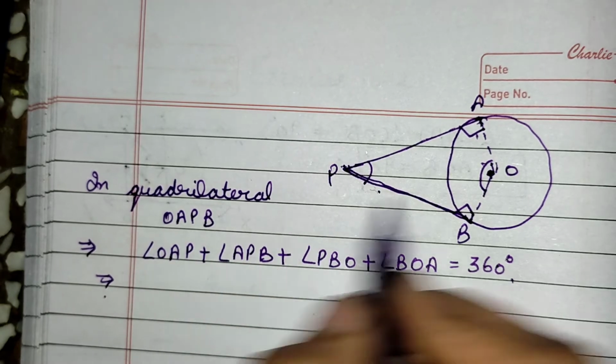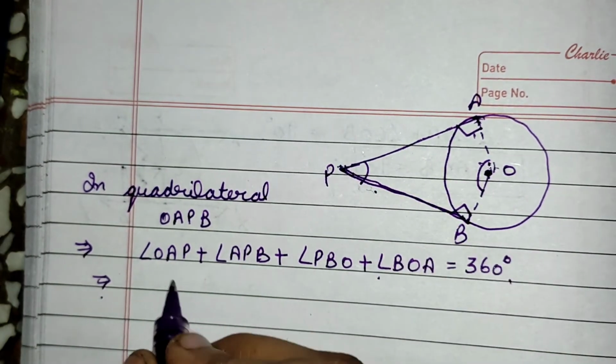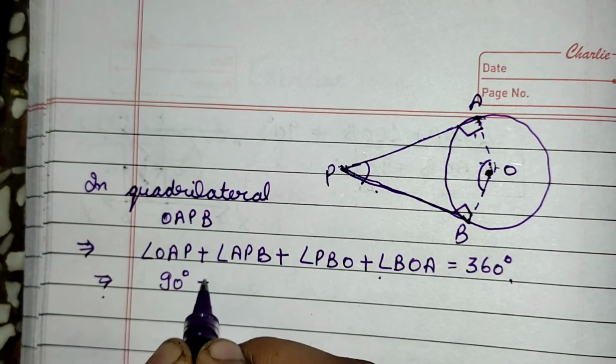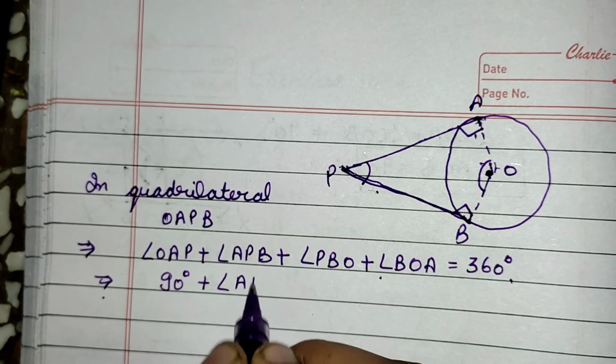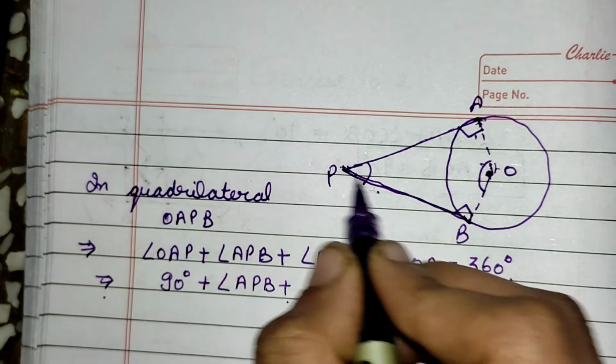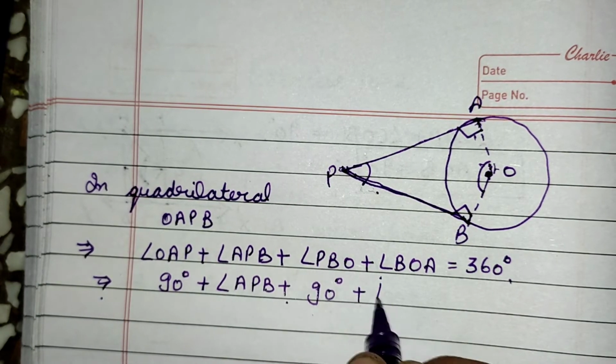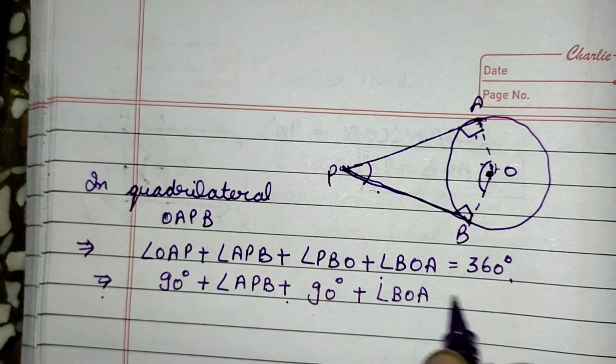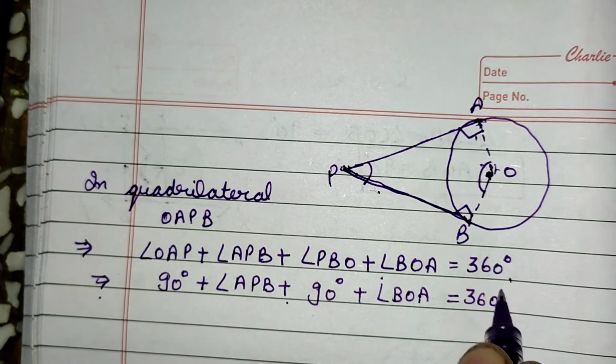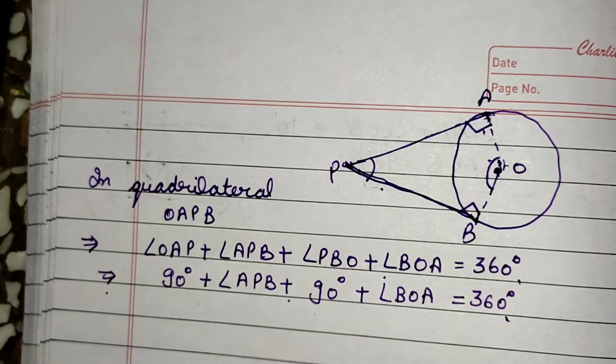So next write down the values. You know that angle OAP is equal to 90 degree, plus angle APB, plus angle PBO is also 90 degree, plus angle BOA is equal to 360 degree.